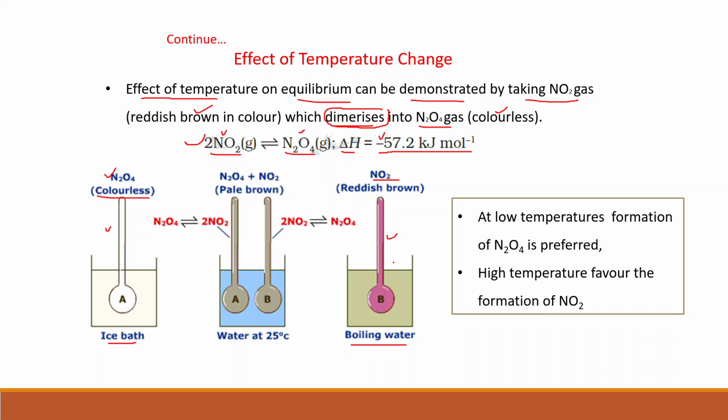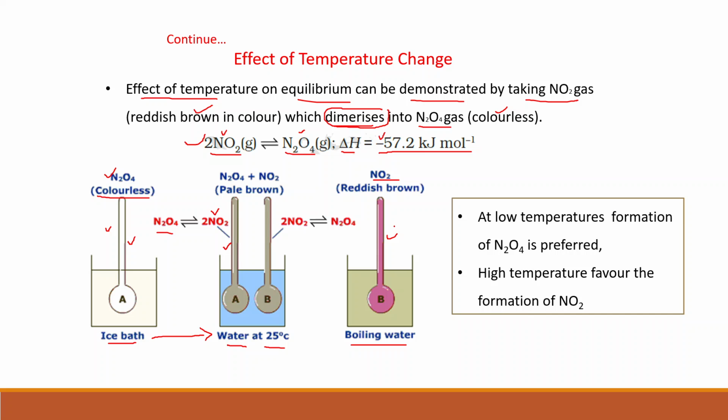When both flasks are kept in a beaker containing water at 25 degrees Celsius, what change will we observe in the color? The flask which was colorless will now show some pale brown color. Why? Because from the ice bath to 25 degrees Celsius, the temperature increases, so N2O4 converts into NO2.